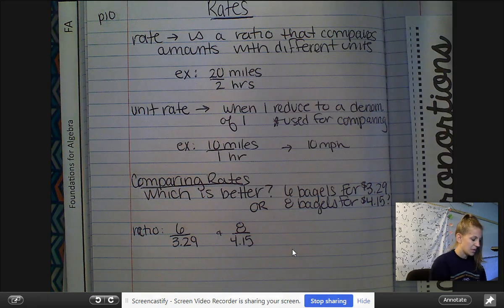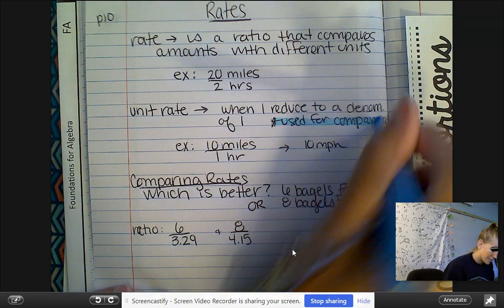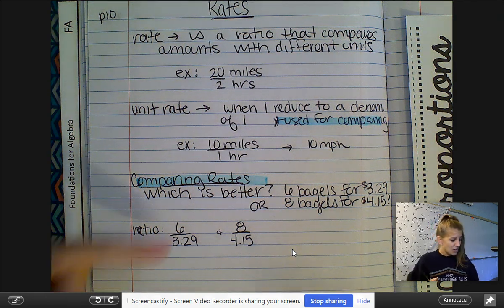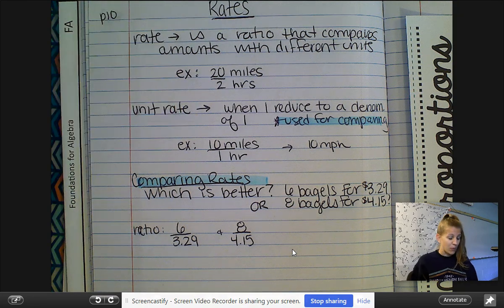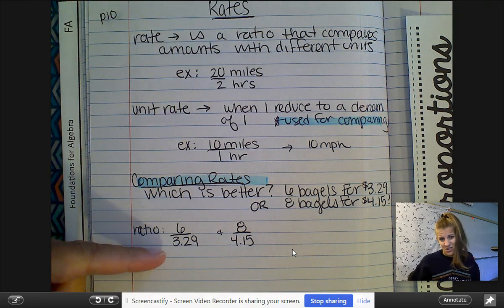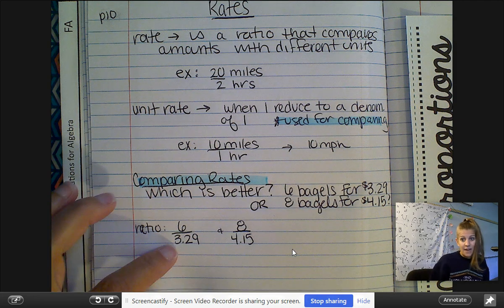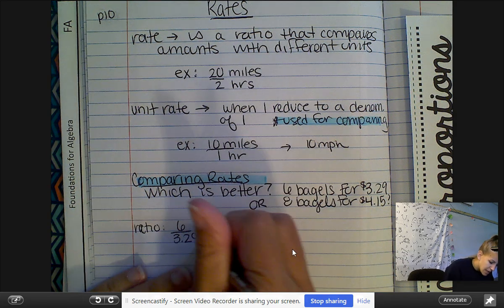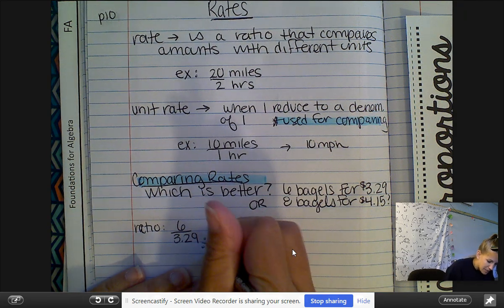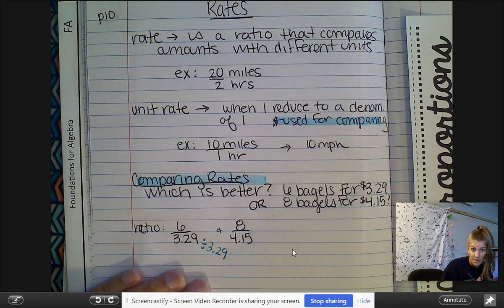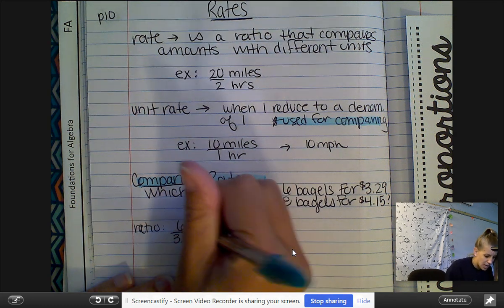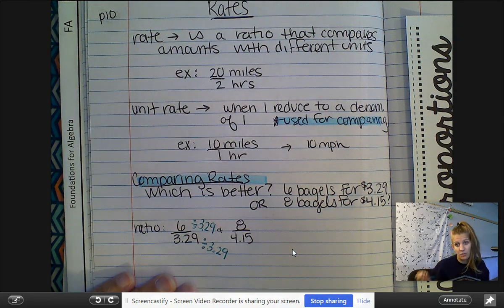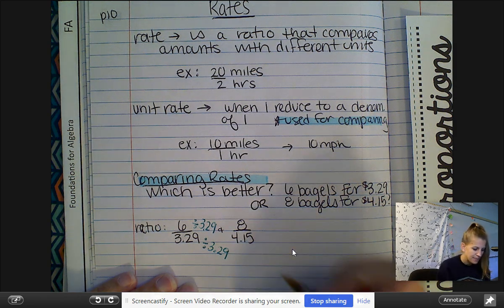To make my denominator 1, I can't just divide super simply like I did before, because I don't know that 3.29 goes evenly into 6. I just need to divide the denominator. So on this one, I'm going to divide the bottom by 3.29 to make it 1. But since I did it on the bottom, I have to do it on the top as well. And that'll get me my unit rate for the 6 bagel thing.